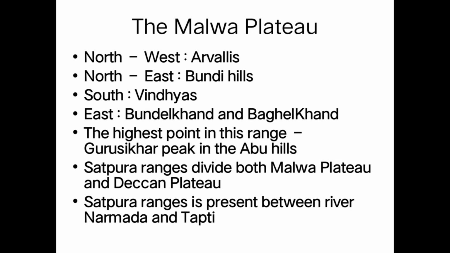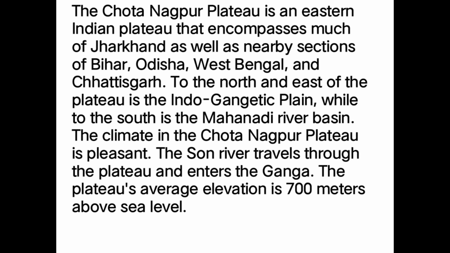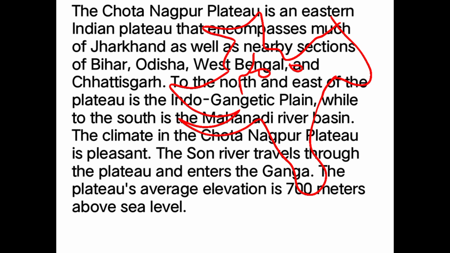The Satpura Ranges divide both the Malwa Plateau and the Deccan Plateau. The Satpura Range is present between the rivers Narmada and Tapti. The Chota Nagpur Plateau is the easternmost part of India. If you see the India map, the Aravalli Mountains here, we have the Malwa Plateau, the Chota Nagpur Plateau, the Bundelkhand, Baghelkhand upland.